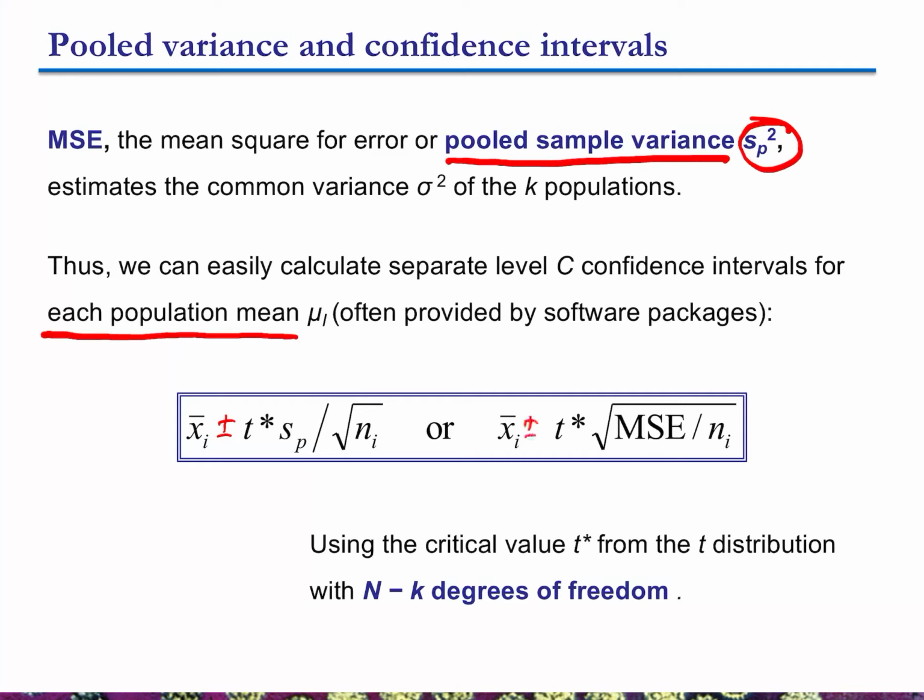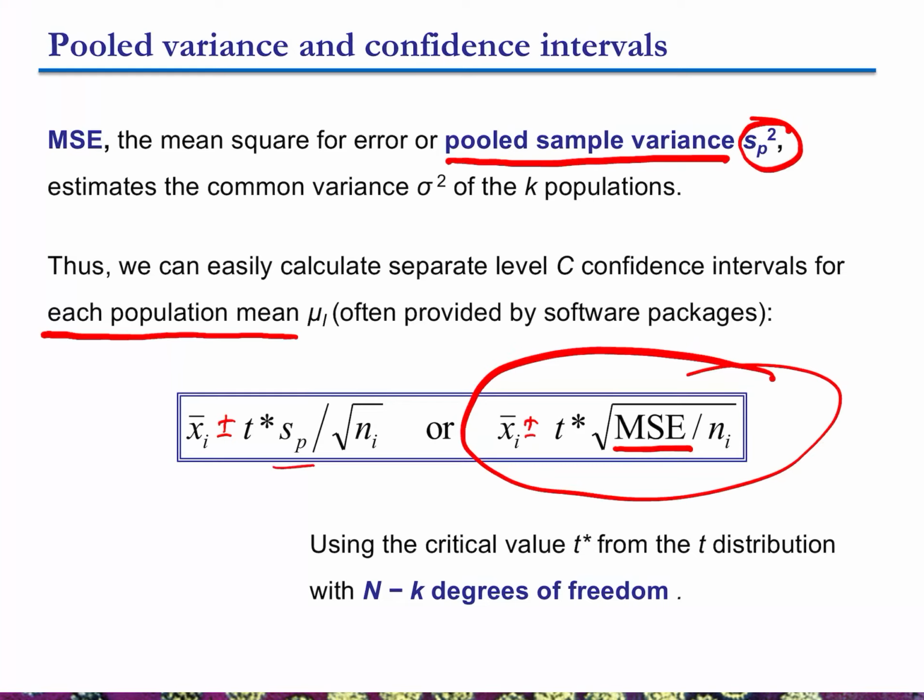So now there's two different calculations here, or formulas. They're both the same thing. I actually prefer to use this one because it's using something, mean square error, that we've been talking about. Here you have the pooled variance, which we haven't talked a lot about. But basically what we're going to do is find a value of t, because remember I said ANOVA and t-test are functionally equivalent, so we're going to use a critical value of t, multiply that by our pooled variance divided by the square root of n.